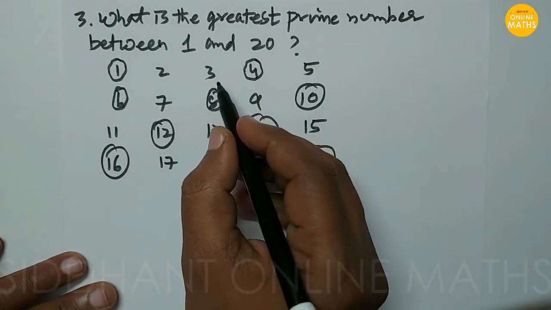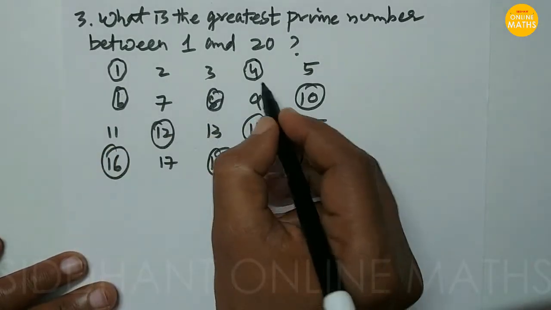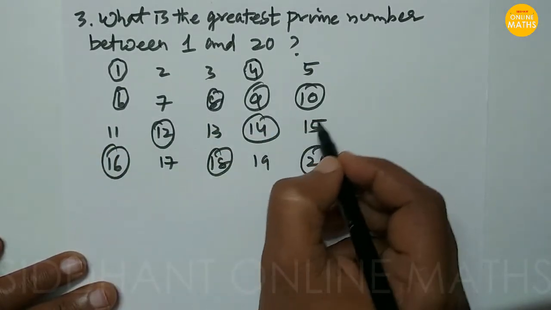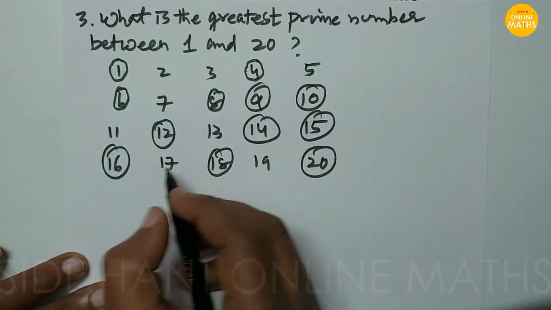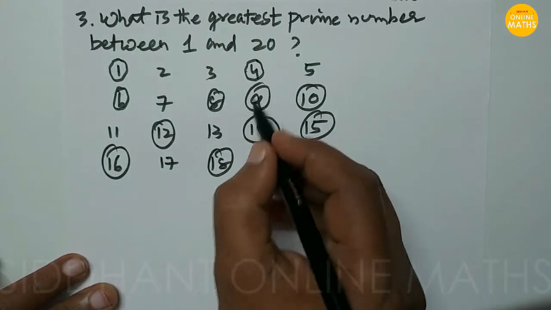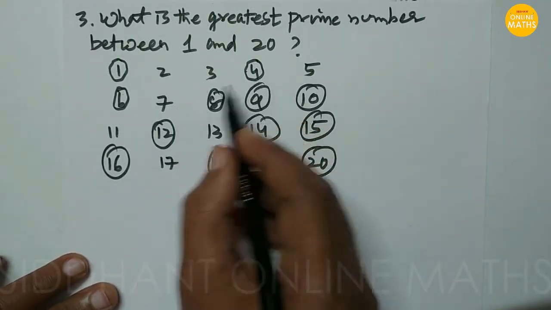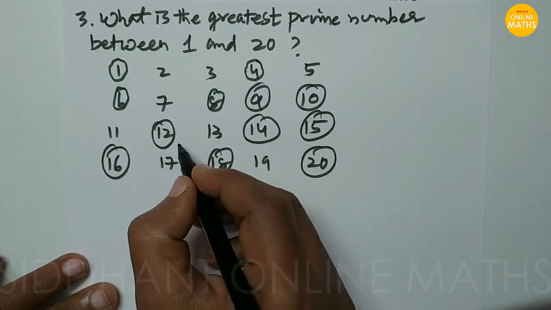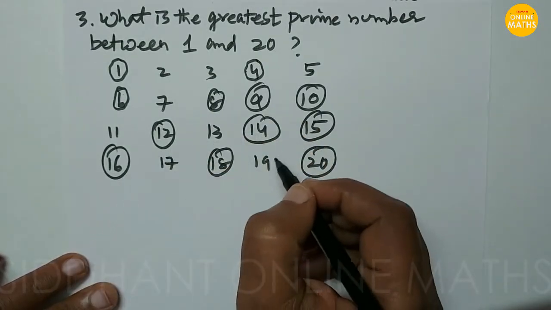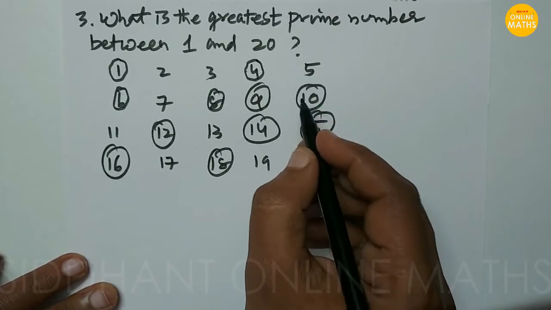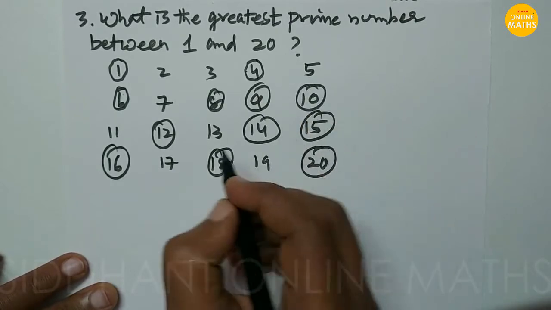Next we go for multiples of 3, that is 6, 9, 12, 15, next 18. So next we go for multiples of 4 here: 4, 8, 12, 16. Next multiples of 5, that is 10, 15, 20.